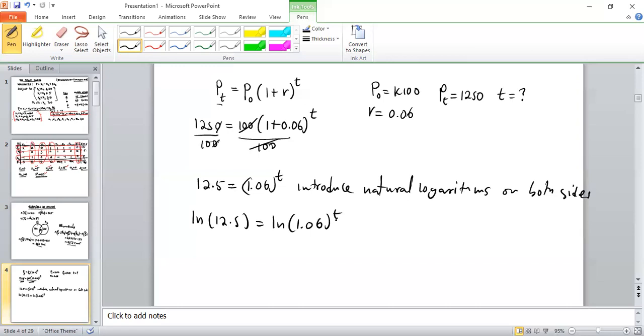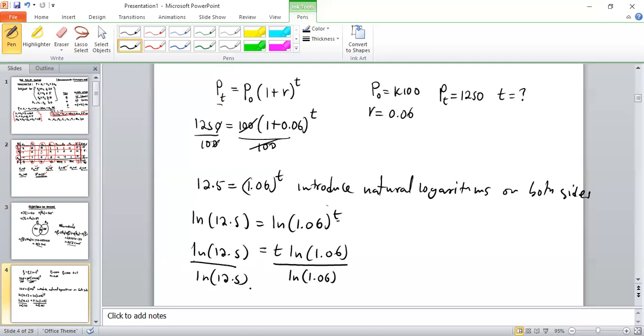Then by properties of log, this t can be dropped down so that it becomes t natural log of 1.06. Then this side, natural log of 12.5. Then we want t, it means you divide by natural log of 1.06, and this side, natural log of 12.5. So t is equal to natural log of 12.5 over natural log of 1.06.